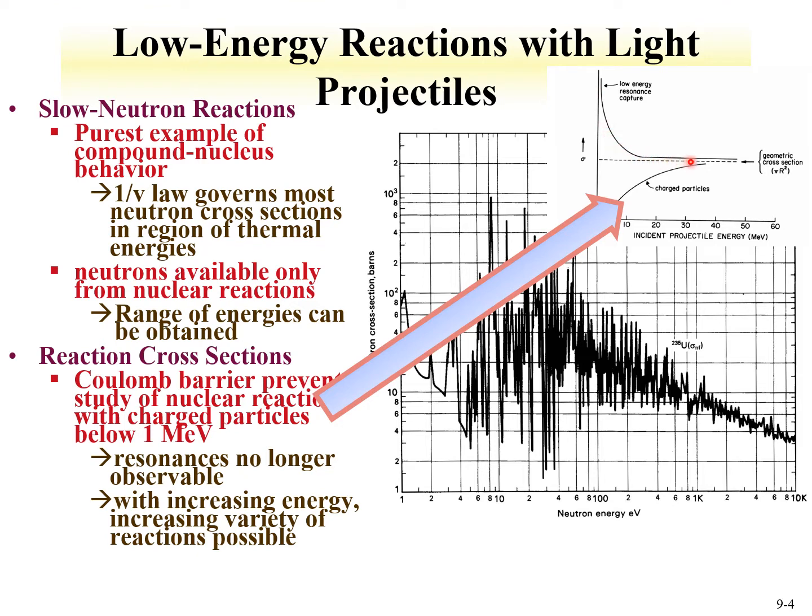As we increase neutron energy, the cross-section goes from high to low. Now, charged particles go low, and basically below the Coulomb barrier, there are no reactions. The cross-section increases with energy until, at very high energies, we start to get cross-sections that are on the order of barns, fundamentally based upon the geometric cross-section.